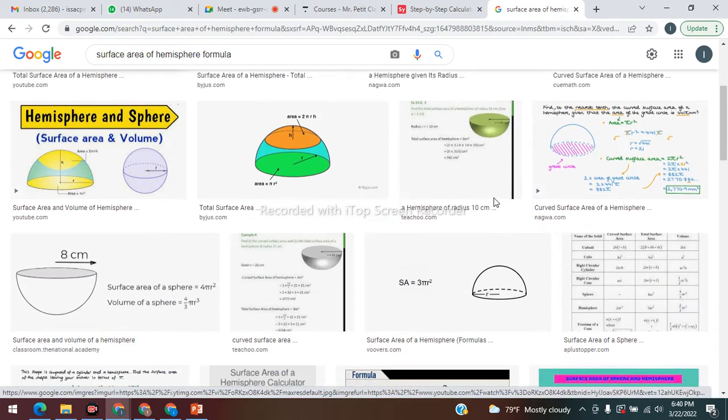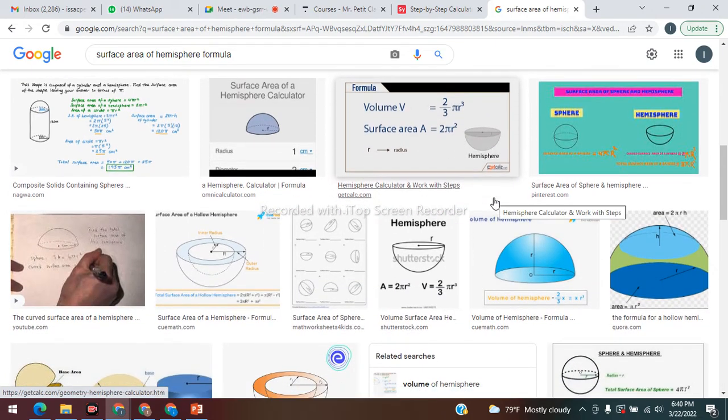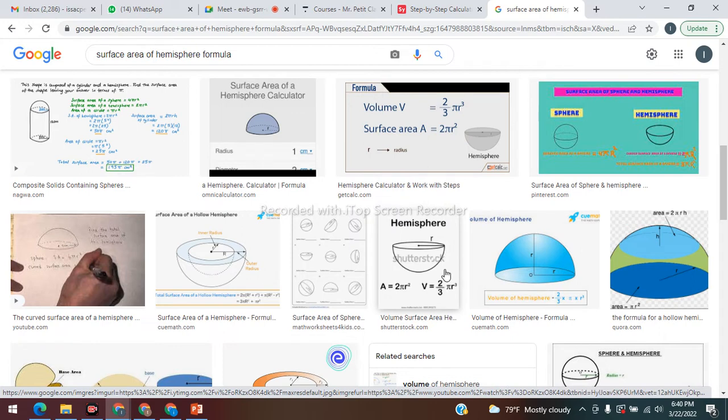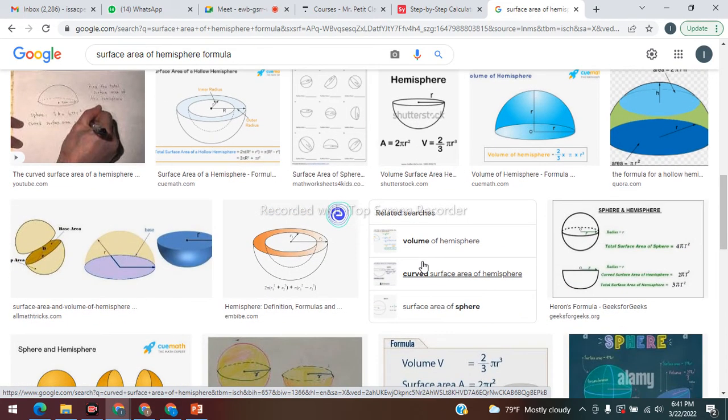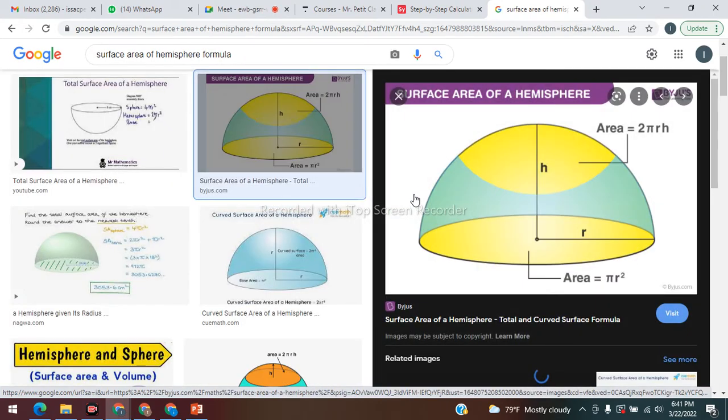I'm trying to find the formula for the surface area. Okay, 2 pi r squared. That doesn't make sense. 2 pi r squared is not the area of a circle. Okay, that's interesting. Let's see. Surface area of a hemisphere. Let's see.